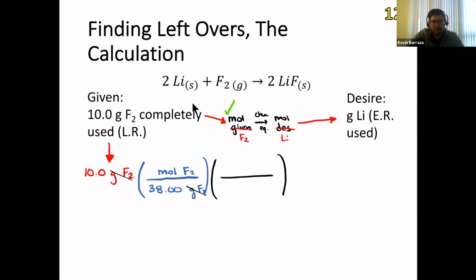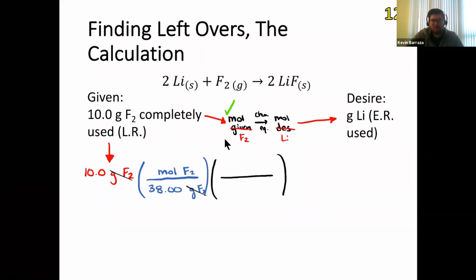Just a side note, notice my wording for a second. Because fluorine and lithium are reactants, I don't say that fluorine makes lithium because they're actually both ingredients. So the correct interpretation isn't that the 1 fluorine makes 2 lithium. It's that one fluorine must be combined with 2 lithium to make product. So just FYI on interpretation of that.